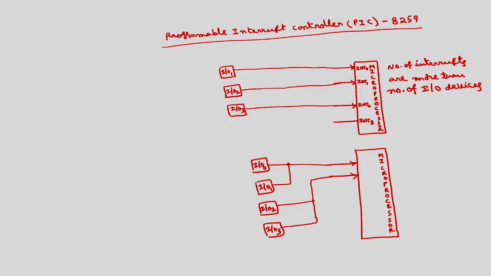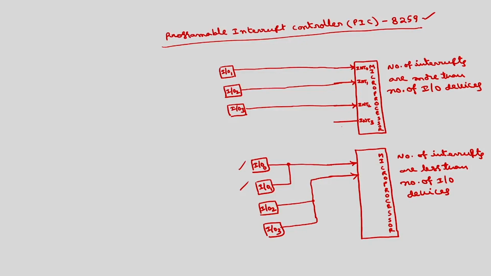In order to resolve this problem, where the number of interrupts is less than the number of IO devices, you have to resolve the priority problem and interact with the microprocessor. Some sort of mediator is required between the IO and the microprocessor, which will manage the efficient use of this interrupt system.